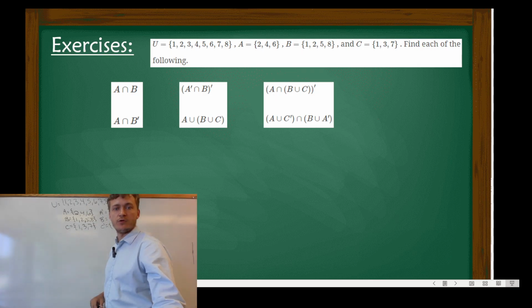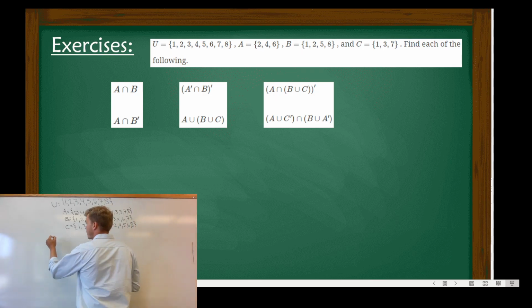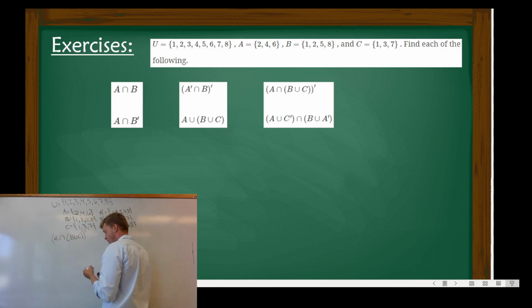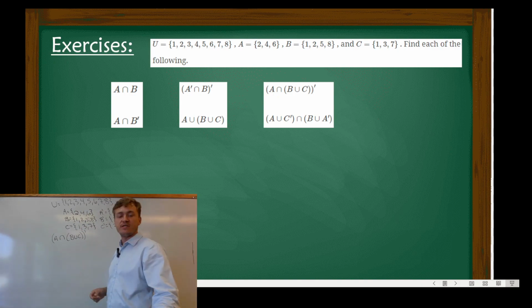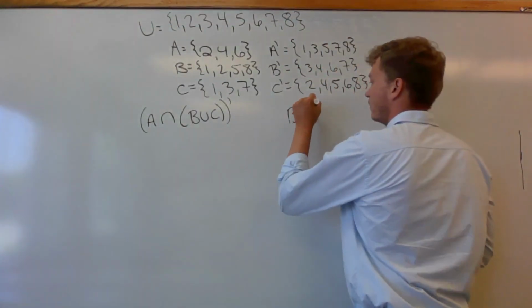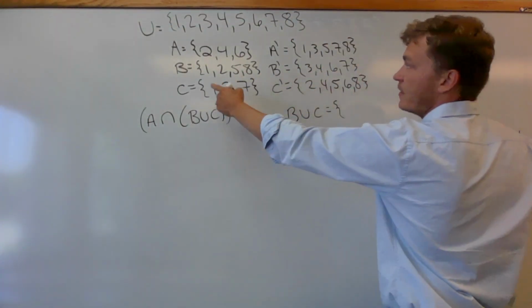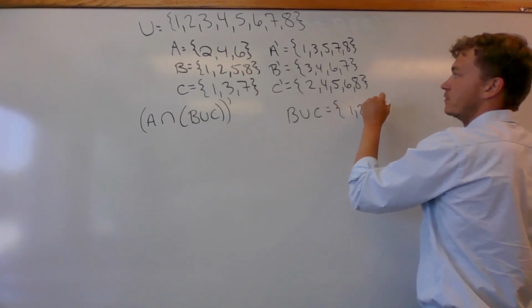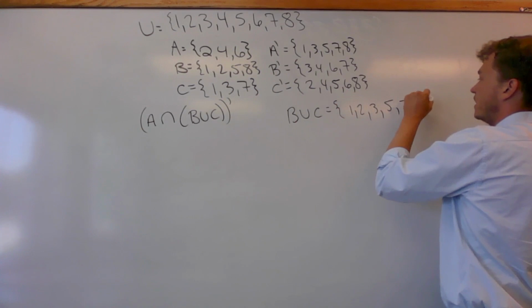I'm going to go to the full screen here momentarily and write out what we're trying to determine: A intersect B union C, and all that will be complemented. So we start with B union C, and as we saw in the previous example, B union C is everything in B, 1, 2, 5, 8, and everything in C, 1, 3, 7: 1, 2, 3, 5, 7, 8.